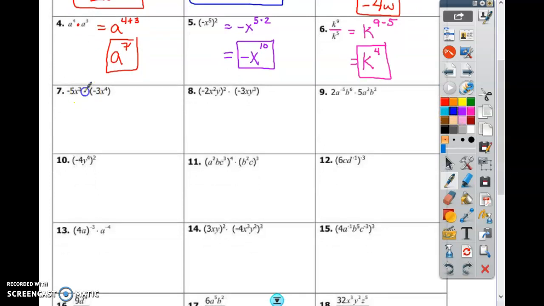Okay, so now if there are big numbers, those coefficients in the front, what do you do if you're multiplying? That's right, you would multiply the -5 times -3. So -5 times -3 gives you what?